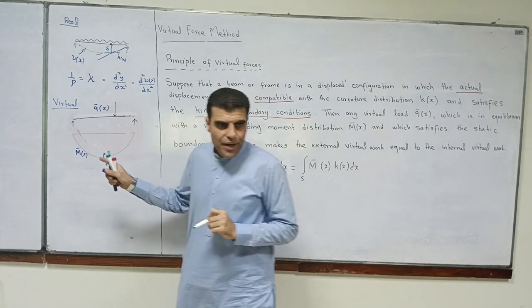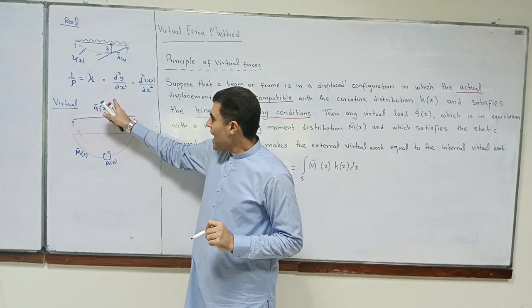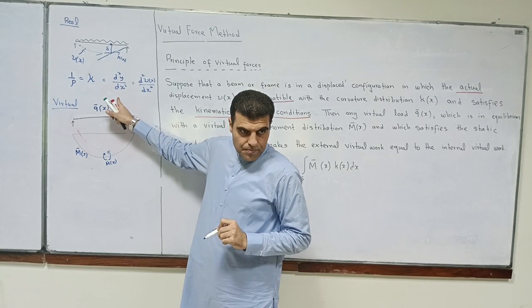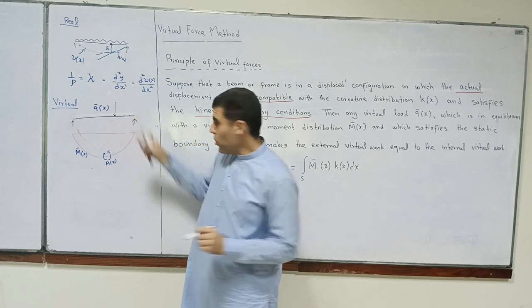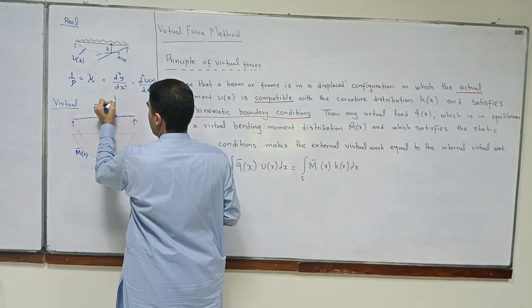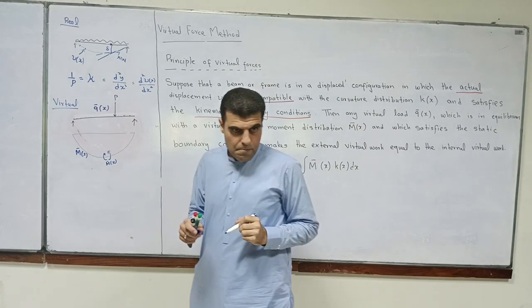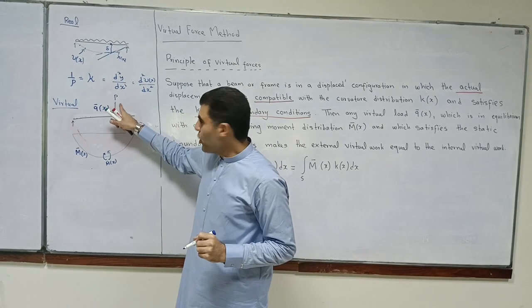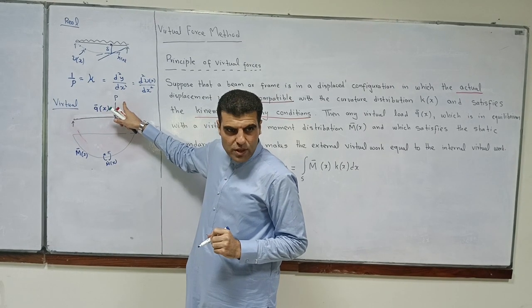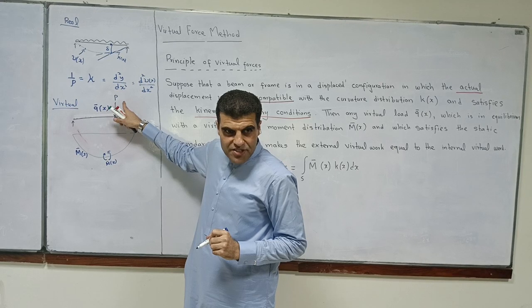Now what I can do is apply a load at this point, let that be P. If I apply load P at this point, what will happen? What will be my external virtual work?